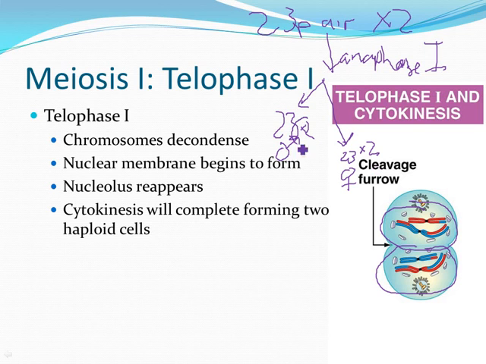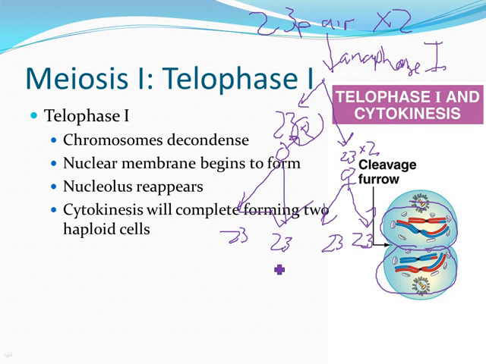This times 2 we'll talk about later, but after meiosis 2, that's when you divide it again and only have 23 chromosomes on either side. So you'll end up having 4 haploid cells. At the end of meiosis 1, we have 2 haploid cells, which is what we have here.